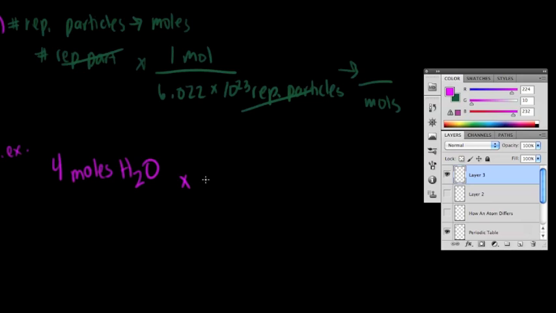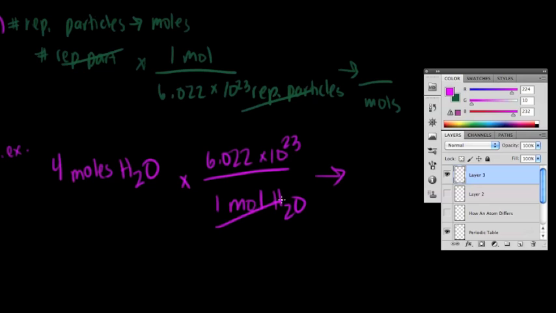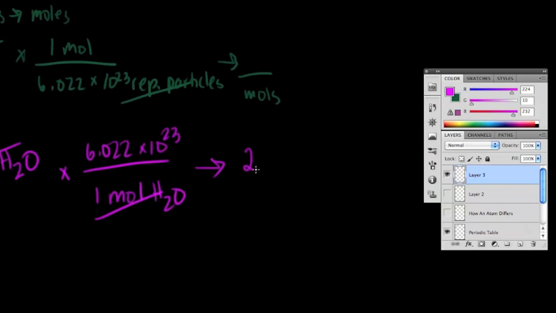I would do 4 moles H2O times 6.022 times 10 to the 23 molecules H2O over 1 mole H2O, cancel out the moles, and I would get the number of molecules of H2O.